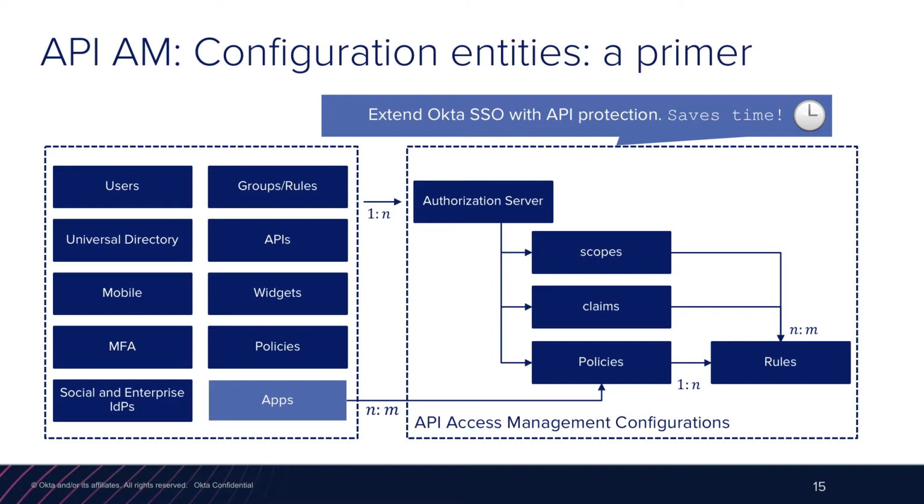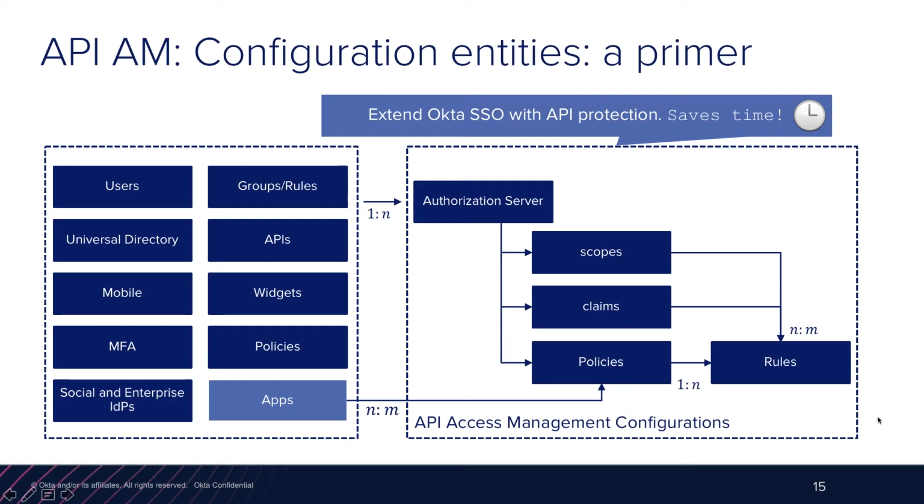And Okta API-AM is just an extension on top of that. So if you have applications that are registered with OpenID Connect, you just correlate those same apps to the policies you have in API-AM. The users, because they are assigned to apps in the Okta dashboard, right? This relationship is automatically transferred to the API-AM configuration.